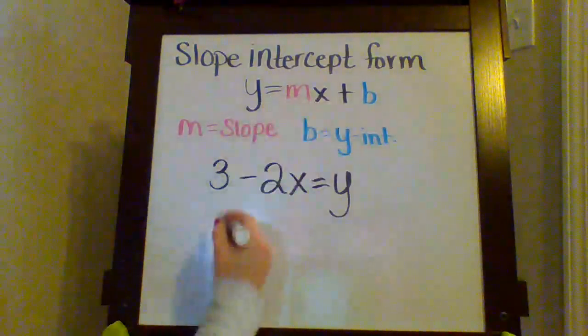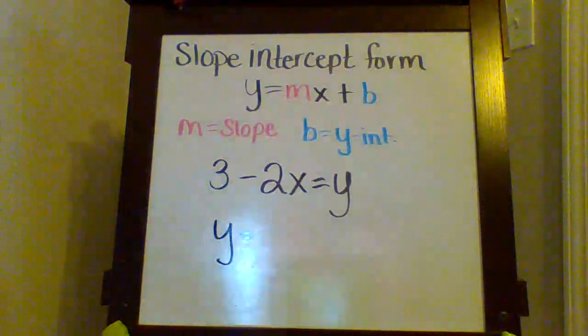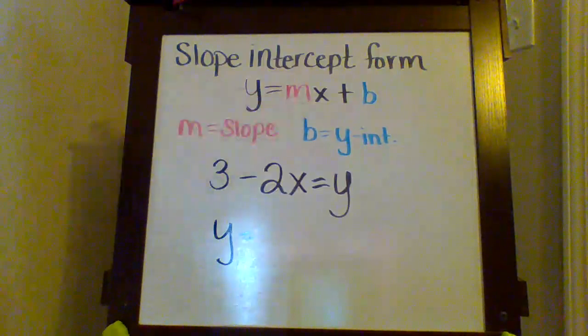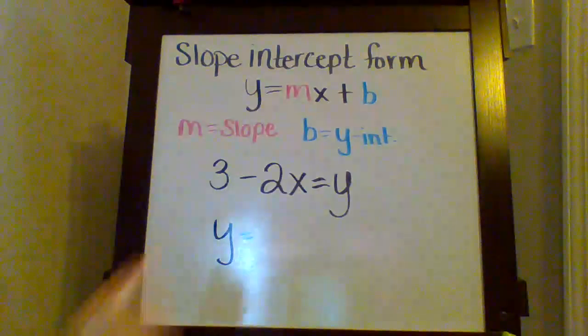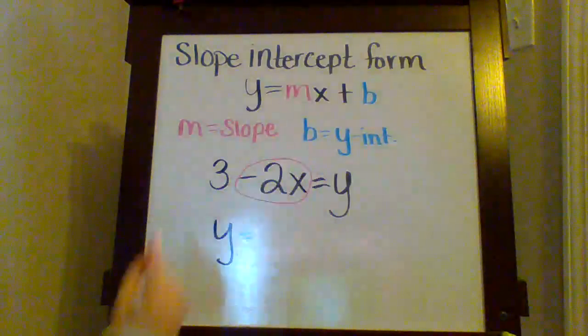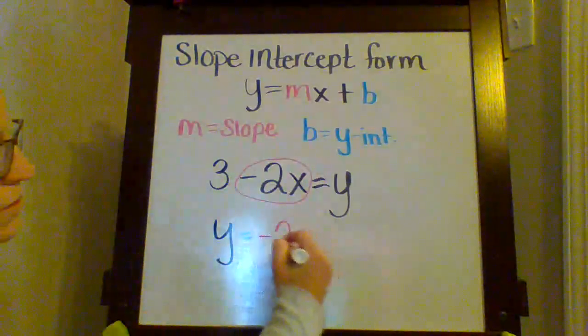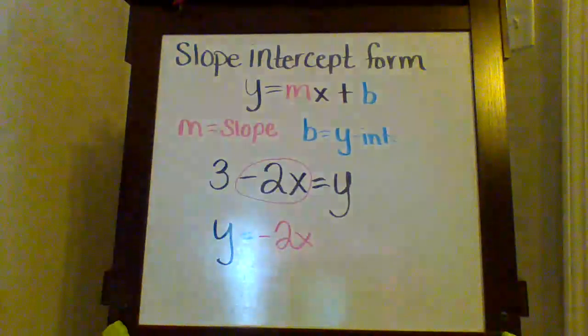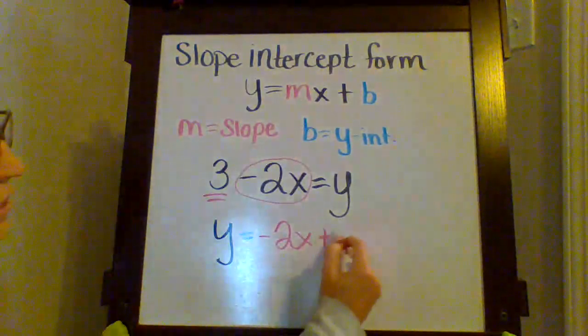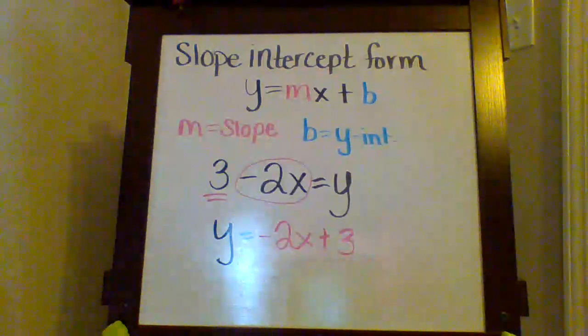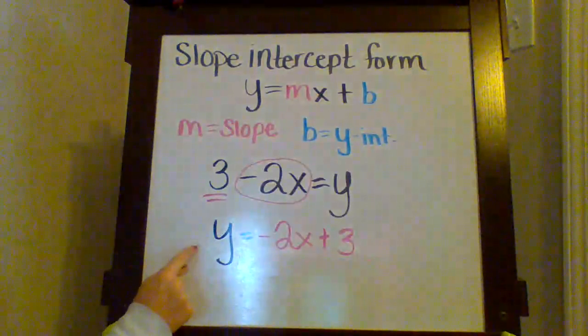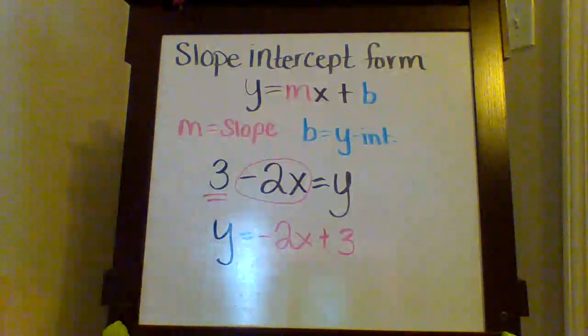So if we want it to match that, we can just bring our y over here. Because we're used to knowing what slope and y-intercept are, slope is the coefficient of x, I can take this right here, negative 2x or minus 2x, and put it out front. And then what I have left over, I'm just going to add to the back. So now this is the slope-intercept form we're used to seeing, but they mean the same thing.